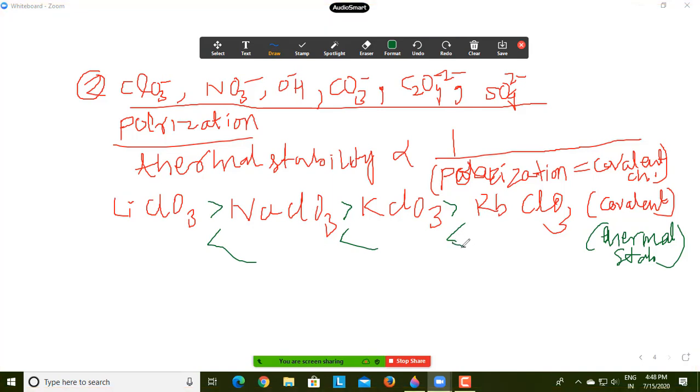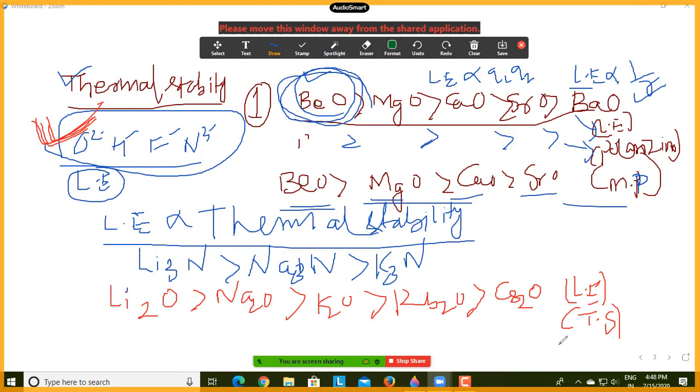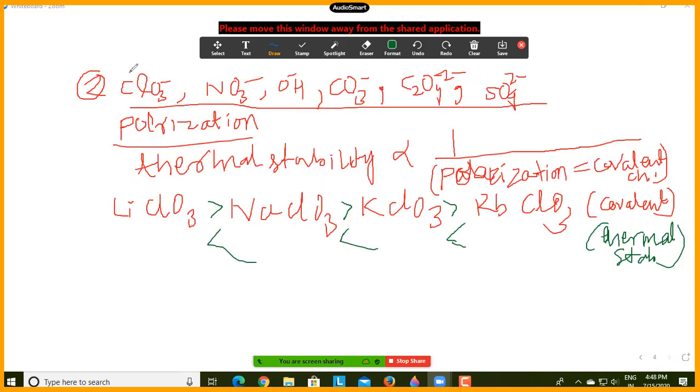No, sir. Not understood. See, two things you keep in mind. If size of anion is small, or size of anion is big.